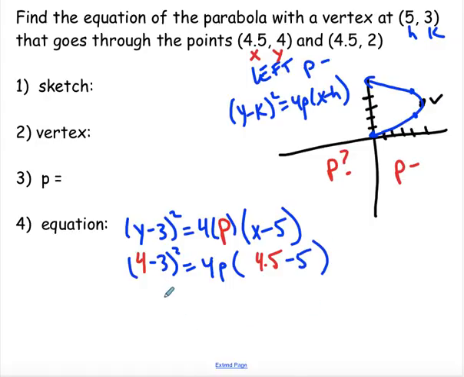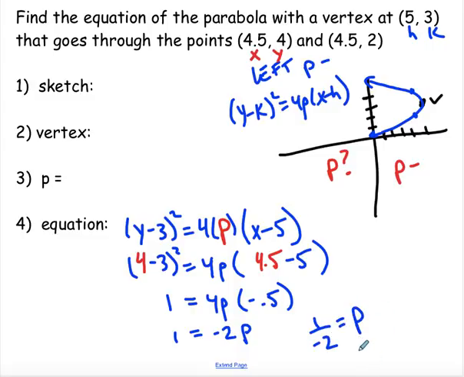All right, so this will be 1 squared, which is 1, equals 4p times -0.5. 4 times -0.5 is -2. And so then it looks like -1/2 is what p is.